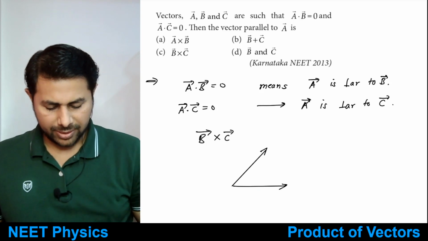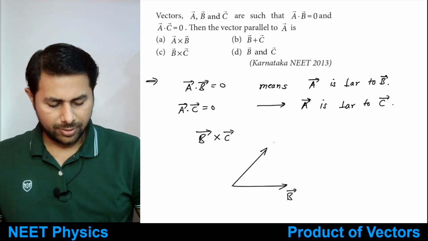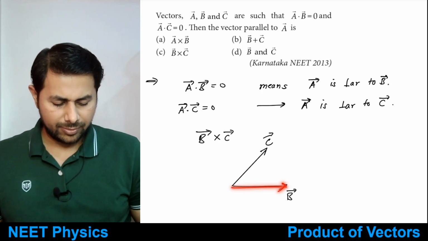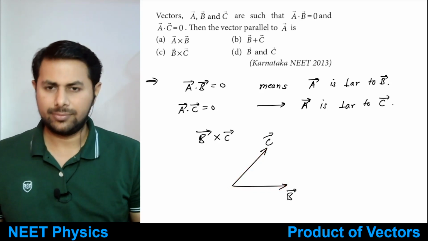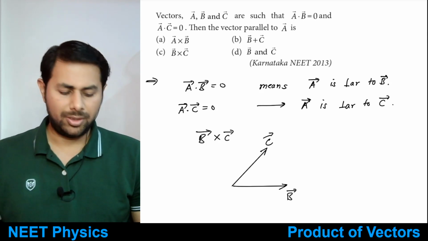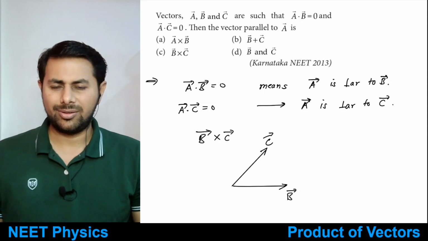Okay, if you take vector product of these two, make use of right hand thumb rule. Tell me what will be the direction of b bar cross c bar. Into the plane of board or outside the plane of board?